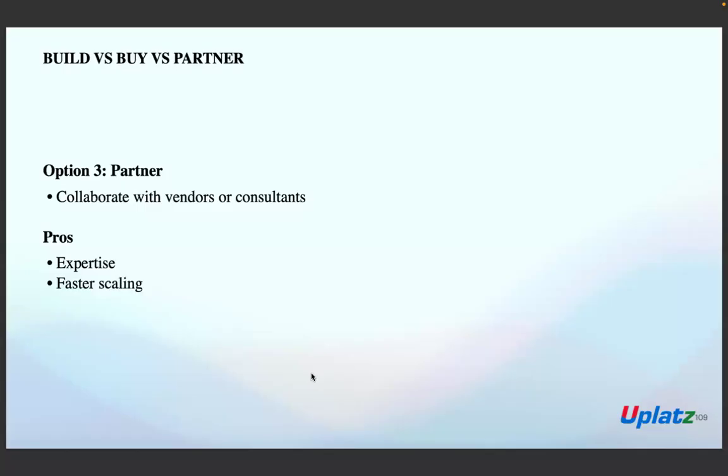The third option is partner, that is, collaborate with vendors or consultants.